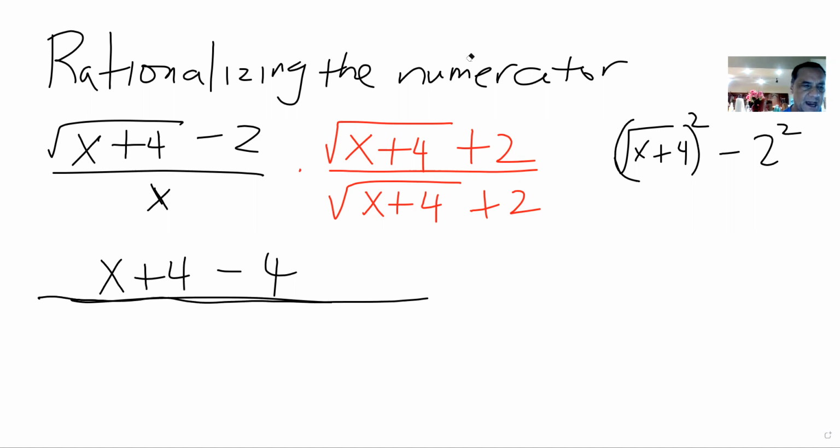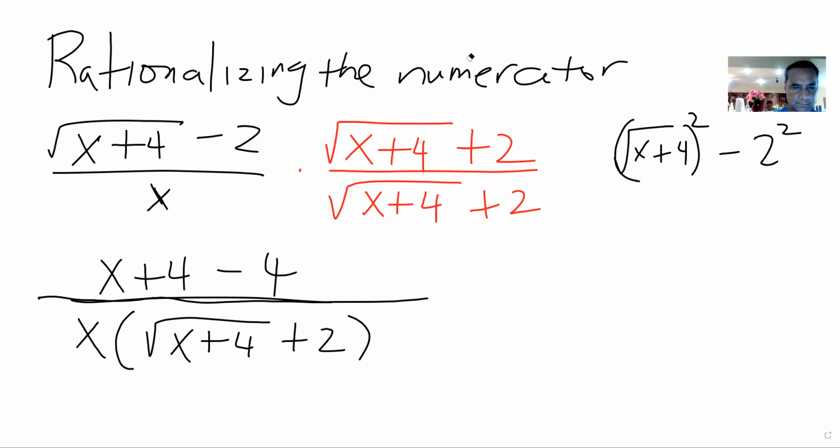Now the denominator looks complicated, but what it is, we're just applying the multiplication of fractions. Now, what you should notice is the 4s are going to cancel out. They add up to 0.